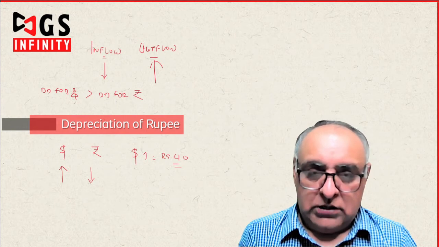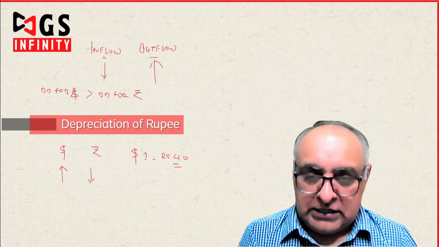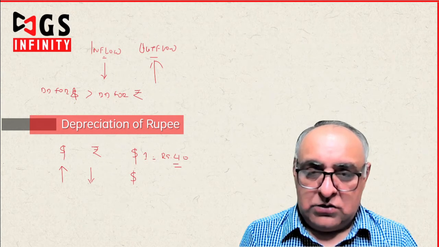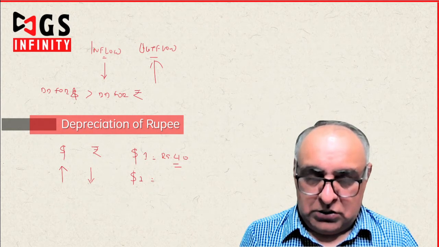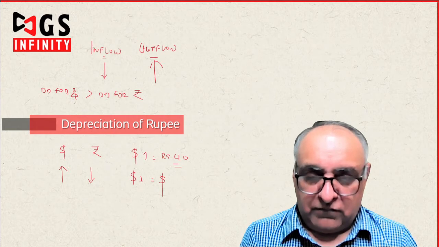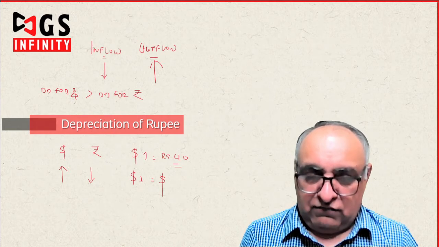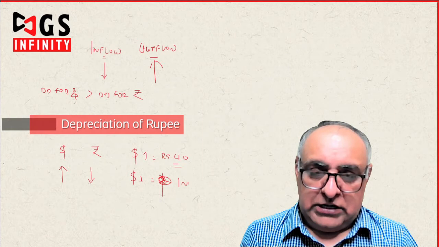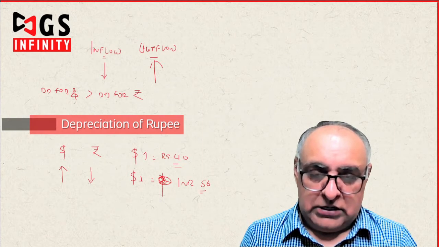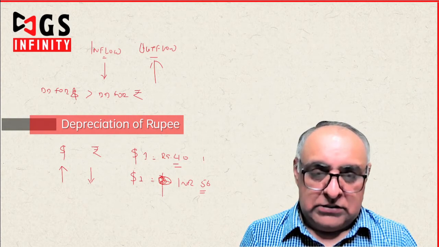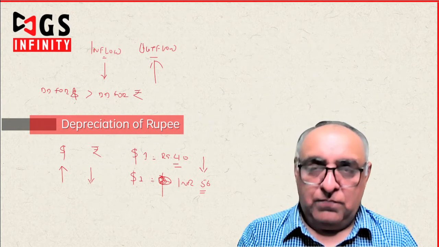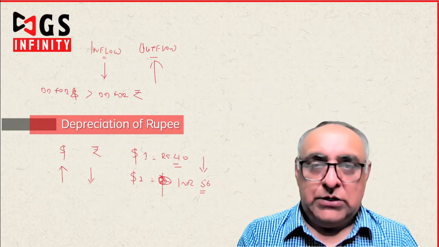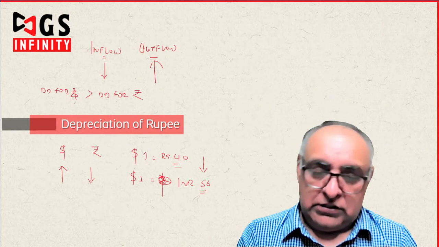And today, because the dollar has become dearer in comparison with the Indian rupee, let's suppose to purchase 1 US dollar, a person will have to pay 50 Indian rupees. So this is what we call the depreciation of rupee, or fall in the exchange value of the Indian rupee in comparison with the dollar.